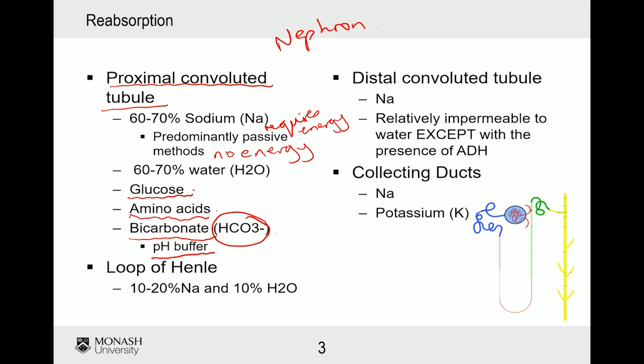The loop of Henle is also important for sodium and water reabsorption. You'll notice that there's a bit more sodium reabsorbed than water, and we'll talk about that further on. In the distal convoluted tubule, reabsorption is still going on, however now it is less so. It is predominantly sodium that is being reabsorbed, and most notably it is relatively impermeable to water, except with the presence of ADH, or antidiuretic hormone.